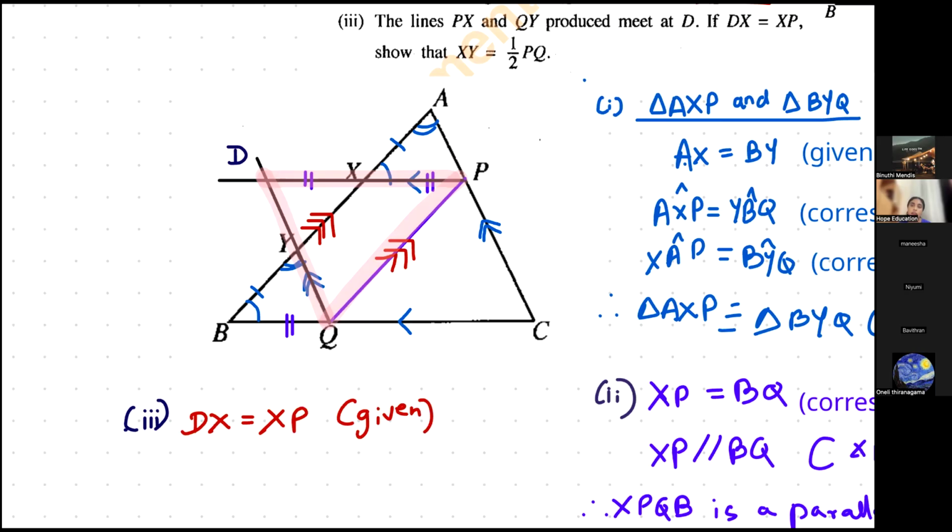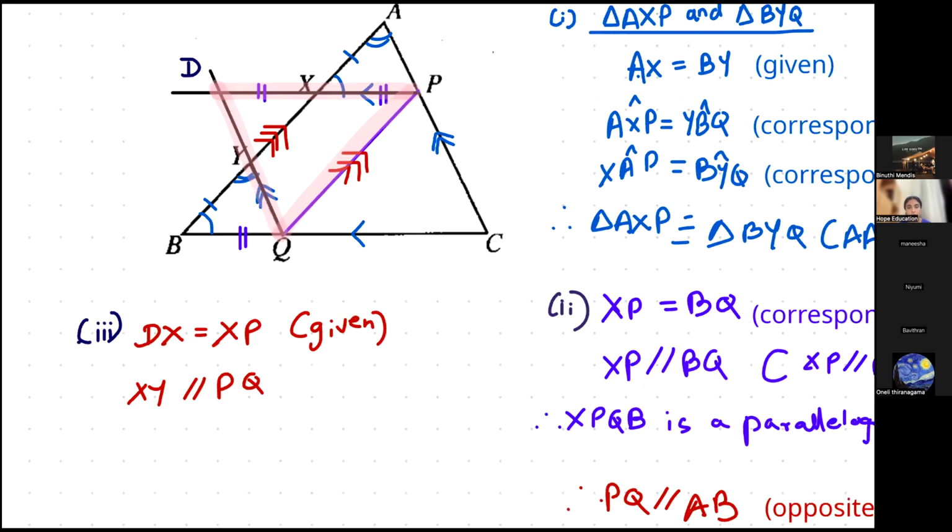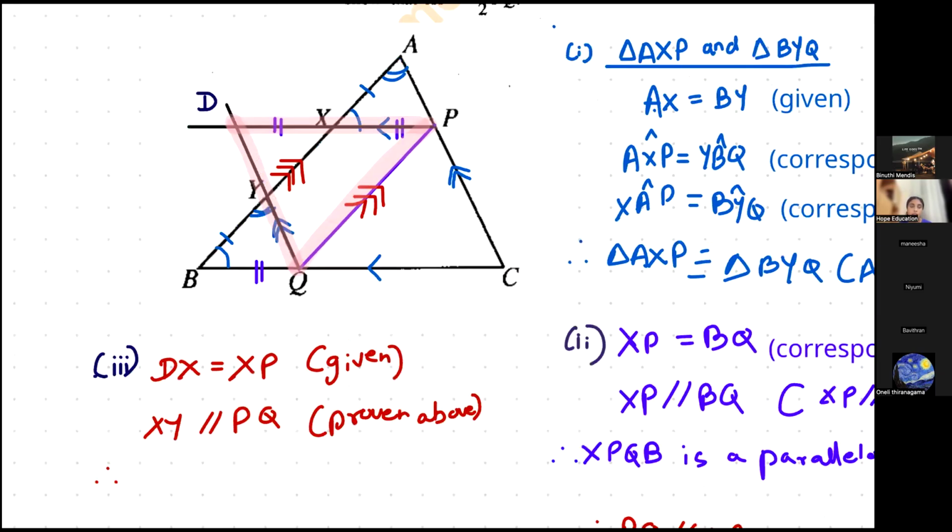Also, can you see that this length and this length are parallel? Those two lengths are also parallel. We have XY is parallel to PQ. We proved that earlier, so you can write proven above. Therefore we can say that this side and this side are also equal.